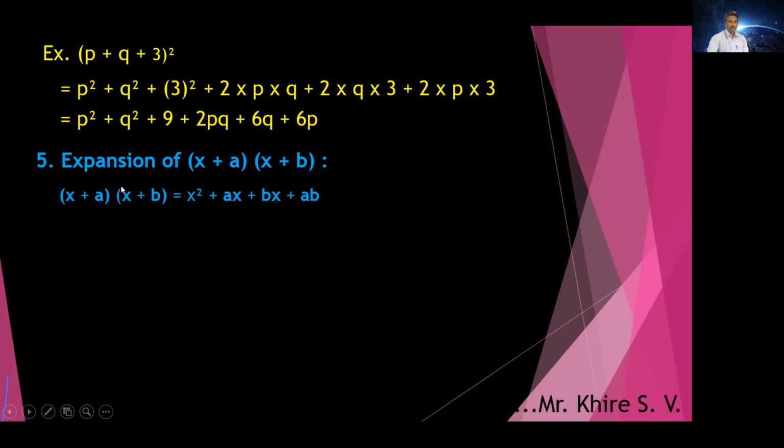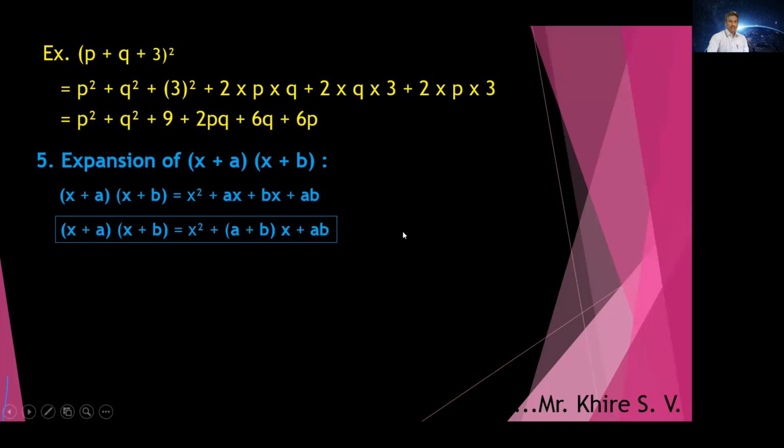Multiplication: x into x is x square, x into b is bx, x into a is ax, a into b is ab. Now we get another form of the identity: x plus a into x plus b is equal to x square plus, taking x common in the middle terms, a plus b into x plus ab. This is the formula.